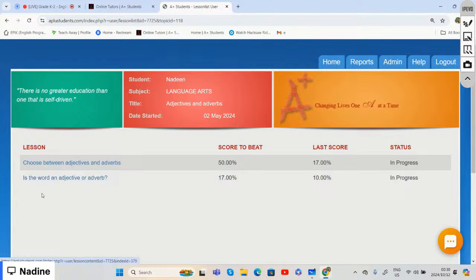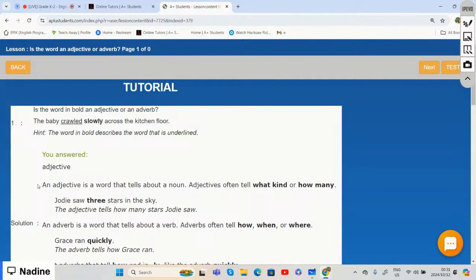So it says, is the word in bold either an adjective or an adverb?